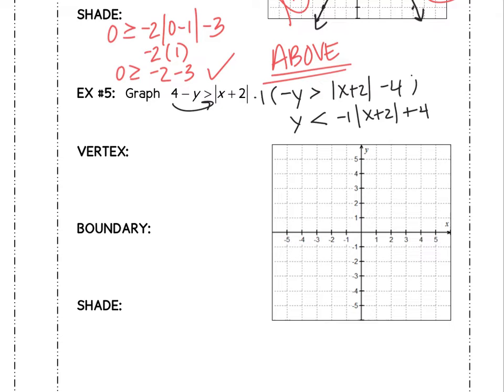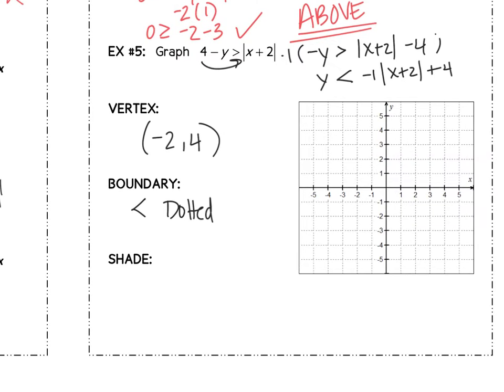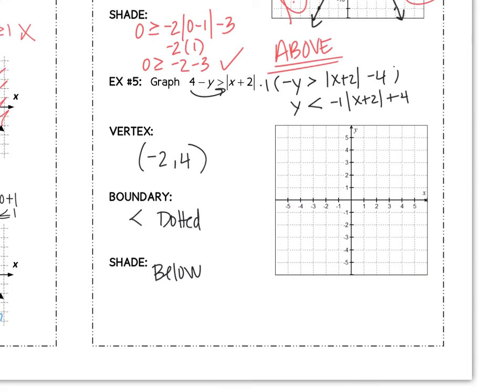That gives me my vertex at the opposite of h, k. My boundary is going to be less than, so that is going to be dotted. And if I had to guess, the less than means we're going to shade below, and we can verify that as we do it. Sorry, I didn't mention this: the slope on this one is a negative 1, so that means we're going to be going downward.